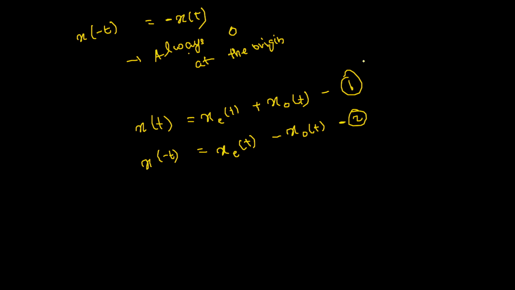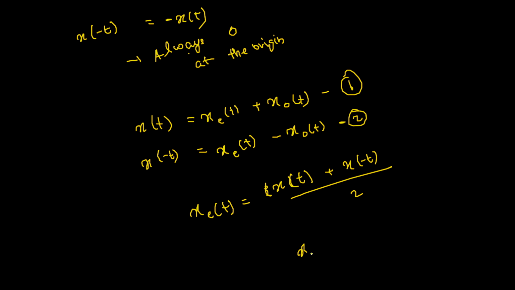Upon solving these two equations, what I get is xe of t is equal to x of t plus x of minus t divided by 2, and xo of t is equal to x of t minus x of minus t divided by 2.